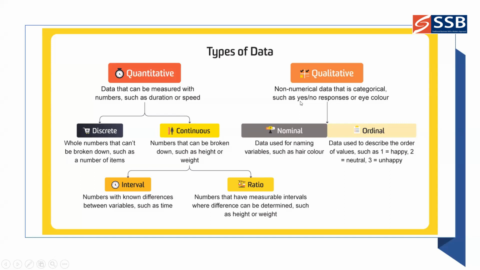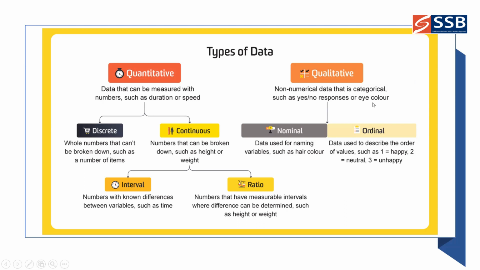Say, for example, are you aware of online investments? Yes. No. Are you aware of stock investments? Yes. No. Are you interested in terrace farming? Yes. No. So this is qualitative in nature. Another example is eye color. The eye color of a person can be brown, black, cat eye.